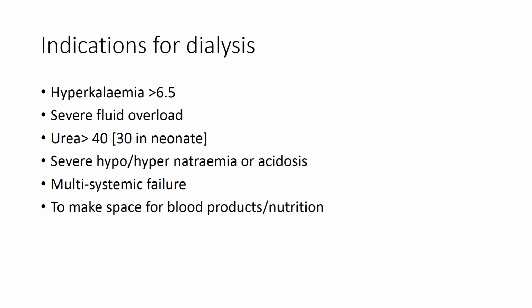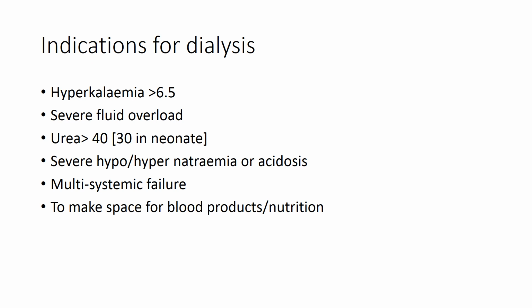Patients in whom electrolyte imbalances have not been managed, so for example patients with hypo or hypernatremia, or patients with acidosis, that becomes an indication for dialysis. Or in patients that have multi-organ dysfunction, including renal failure, we would want to dialyze them.